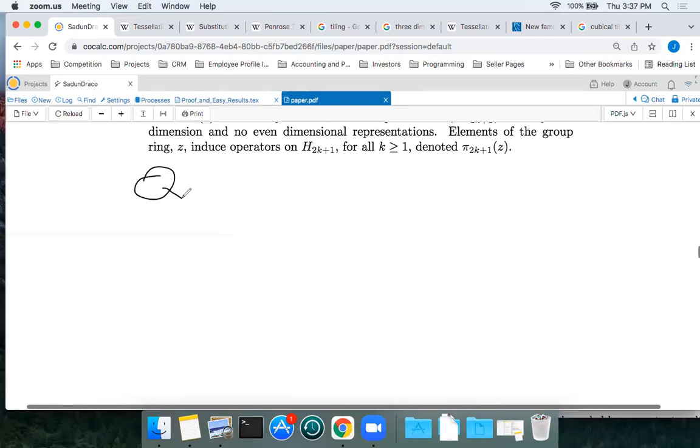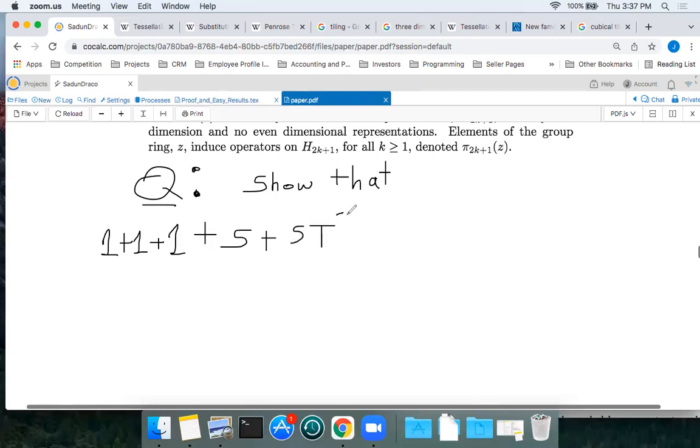So here's the new question: show that S, 1 plus 1 plus 1 plus S t cubed has a real spectrum.